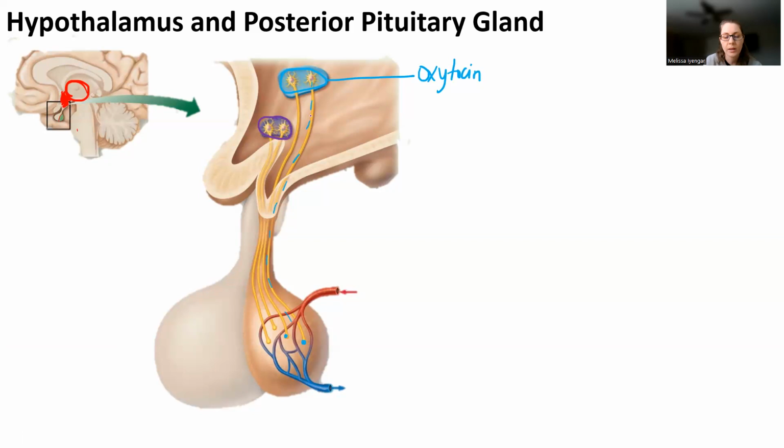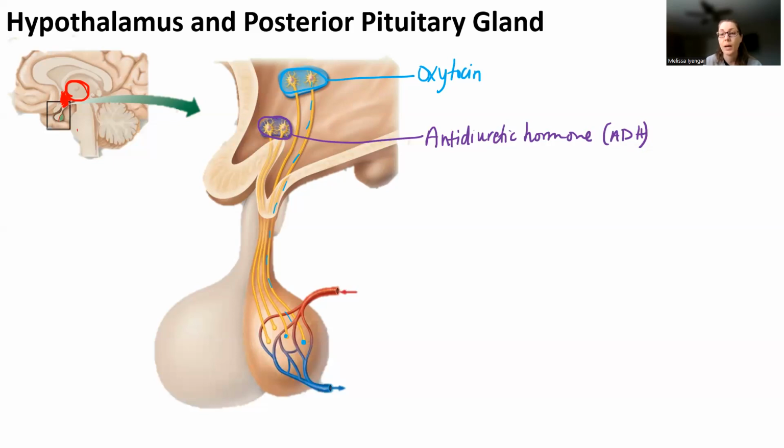Then we have another cell here that's going to make antidiuretic hormone. Antidiuretic hormone has an abbreviation, ADH. Please do not just memorize abbreviations.